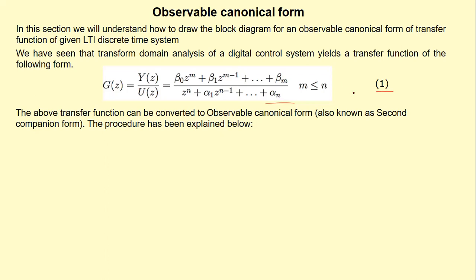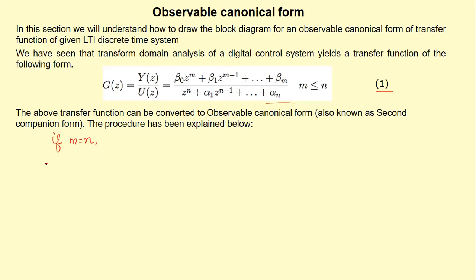The controllable canonical form is known as first companion, and this is known as second companion, right? Now let us start with the process of obtaining the equivalent state space model. Let us take this equation number 1. So let us take the case m is equal to n.